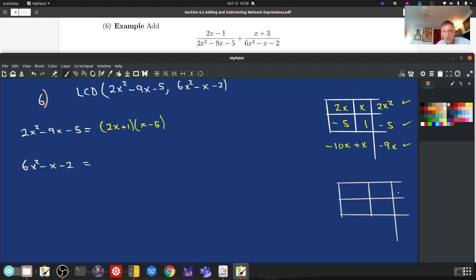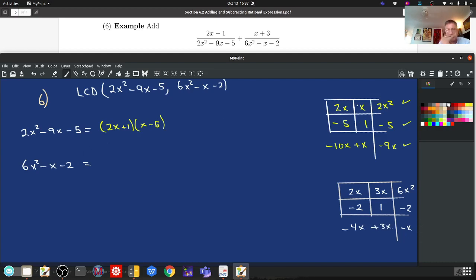So this is going to be 6x squared minus 2 and minus x. So it's going to give me minus 4x and plus 3x gives me minus x.